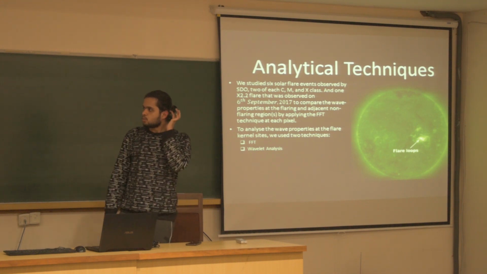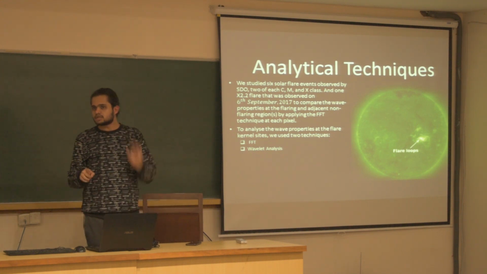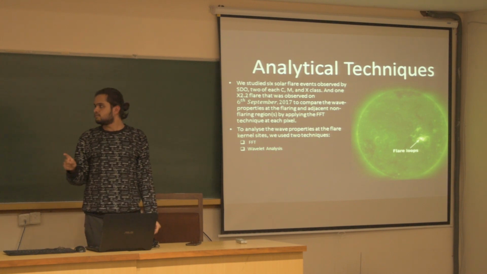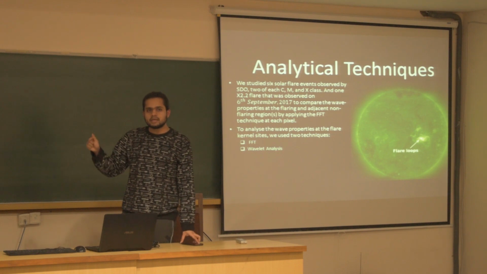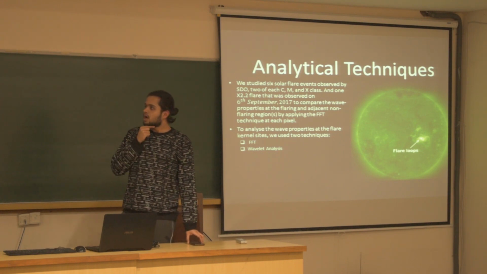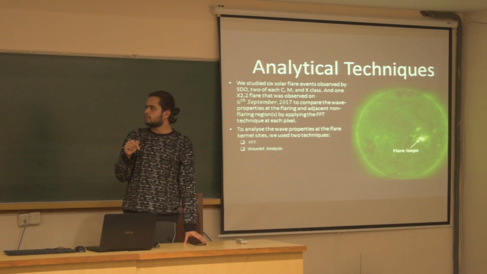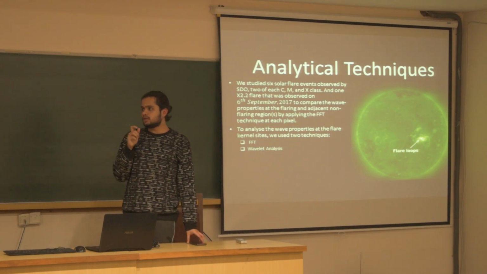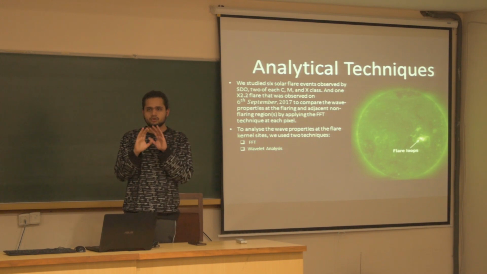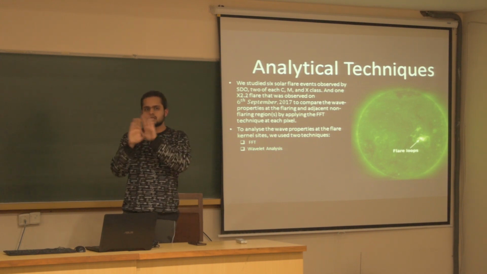So we used FFT, the Fourier transform. It usually converts time varying data into the frequency domain. Now what is the time domain and frequency domain? When we observe the sun, we get time domain data, like FITS images of the sun.